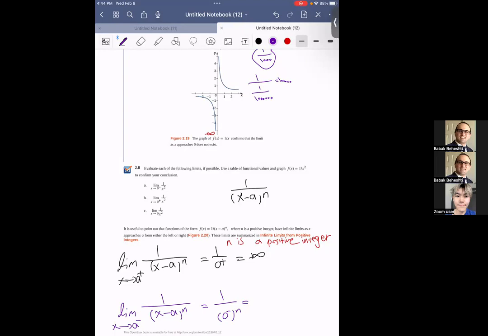You agree? So if n is even, this would be 1 over 0 plus, which is equal to plus infinity. But for n odd, it would be 1 over 0 minus, which is equal to minus infinity.